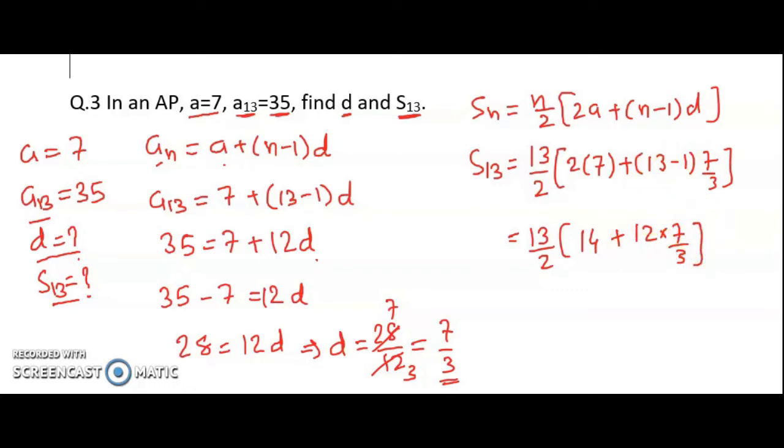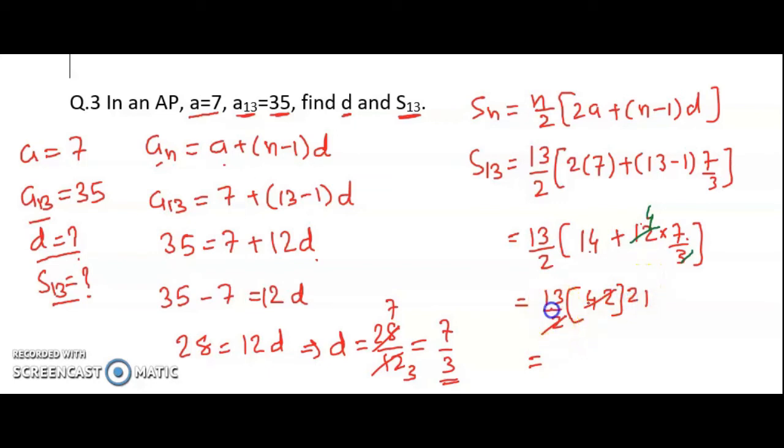So if you do the cancellation here, we get 4 here. So we get 13 divided by 2, and here 4 multiplied with 7, that is 28, and 28 plus 14. So 28 plus 14 we will get 42. Again 2 will cancel with 42.